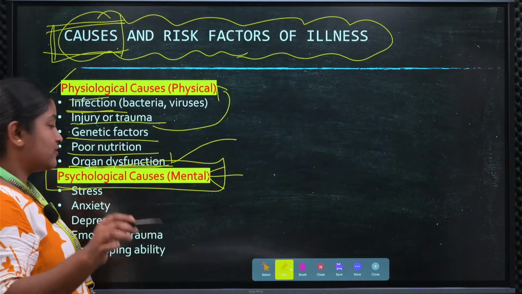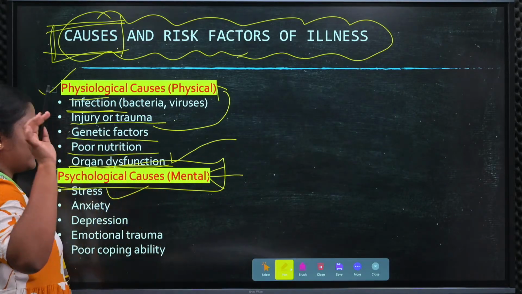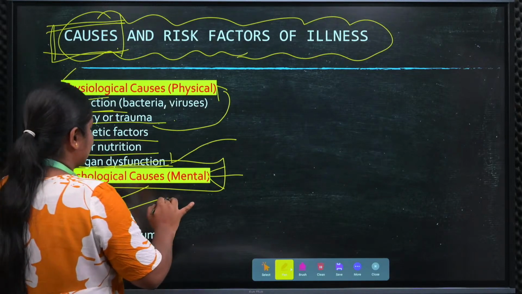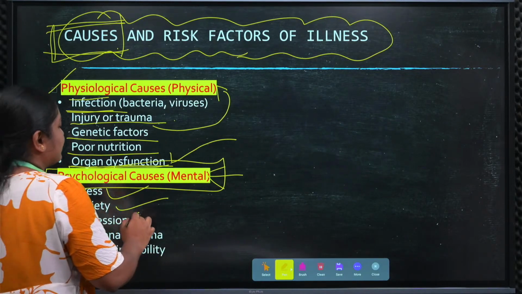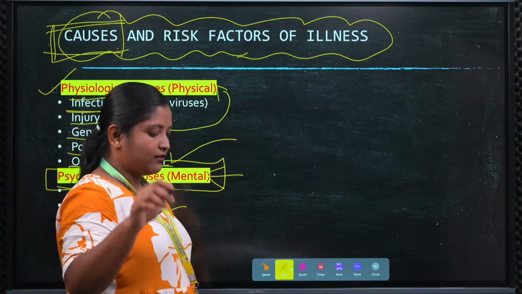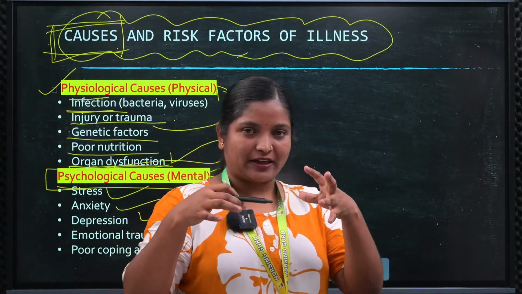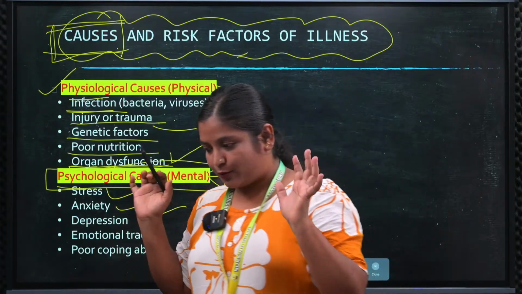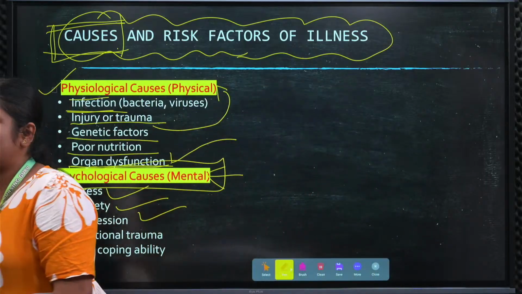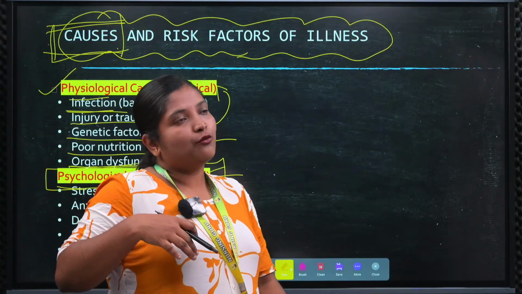The first one is stress. Don't take too much stress. Anxiety is also one of the things. Depression, currently a high-yielding topic.